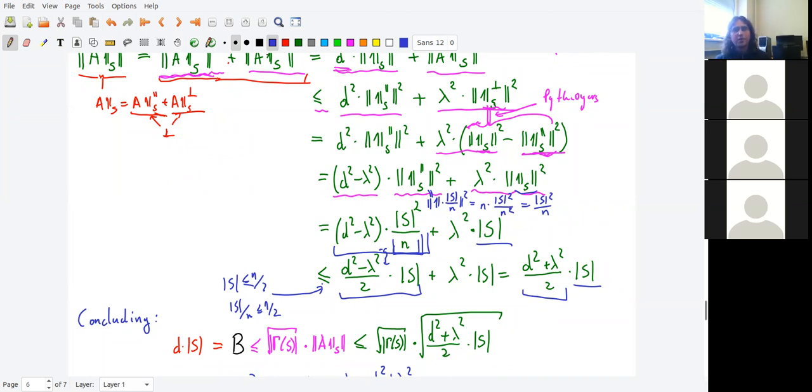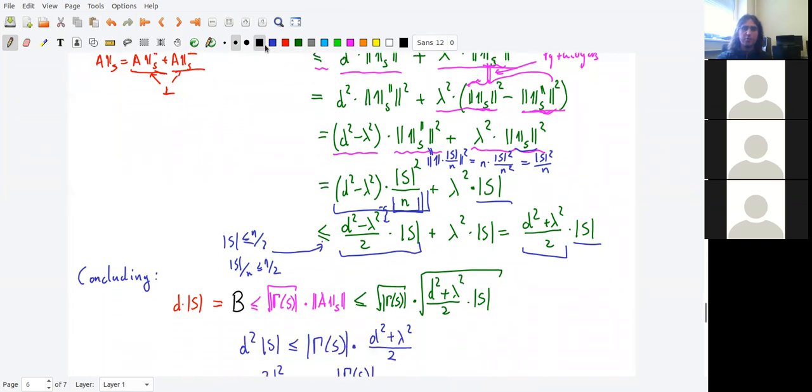So what is the conclusion of all of this? On one hand, we looked at D, and we have seen that combinatorially this is very easy to analyze. It's actually equal to D times the cardinality of S. On the other hand, we used Cauchy-Schwarz again to relate it to two terms.